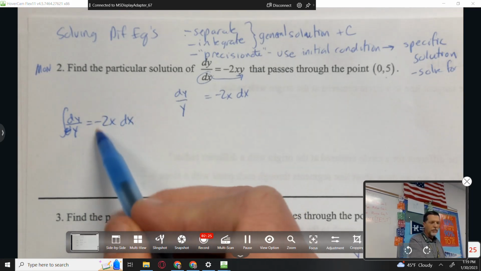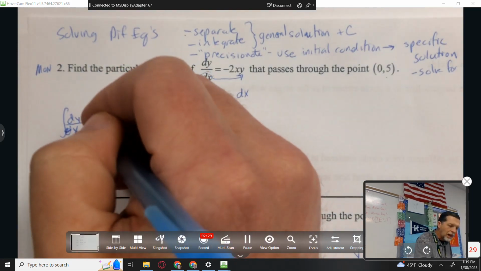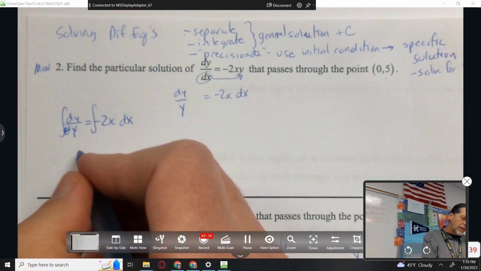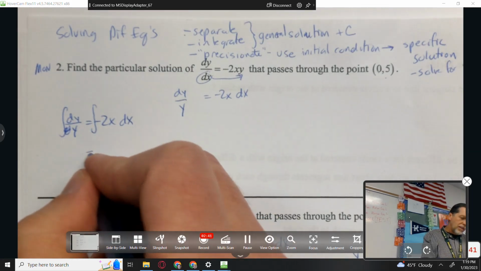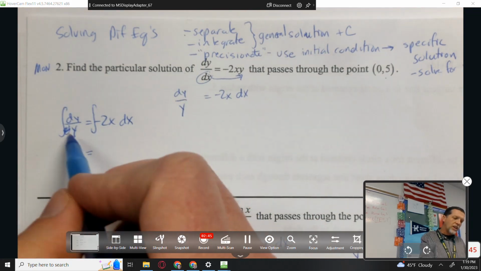If you want to put it in front and then slide it out, that's fine. It doesn't matter. I'm just in the habit of putting it out front of both sides. But if you recognize that negative 2 is just going to slide out anyway, then you can do that on the fly. Okay, so that's the separate part and the start of the integration.